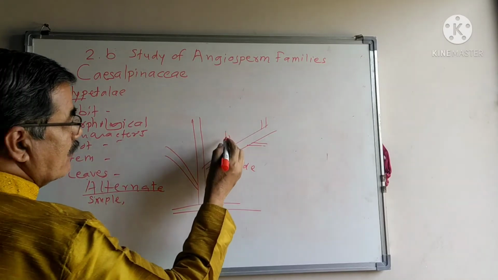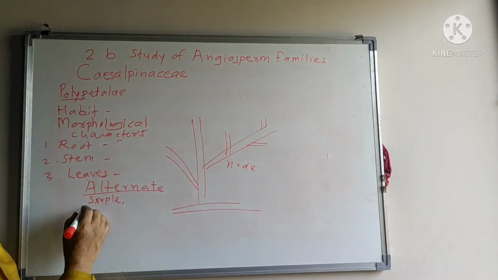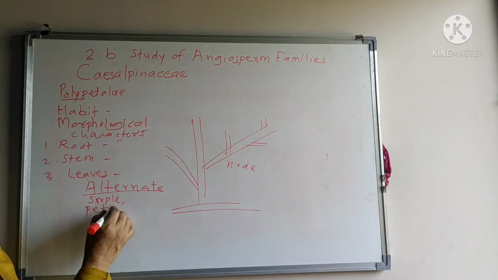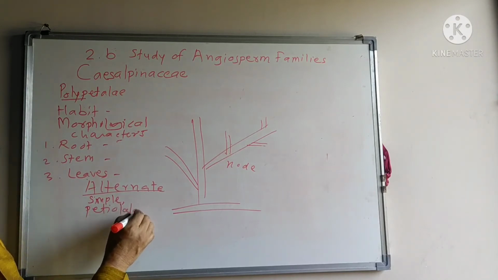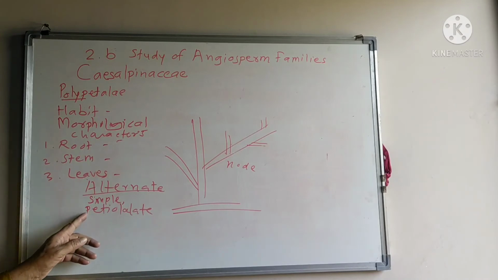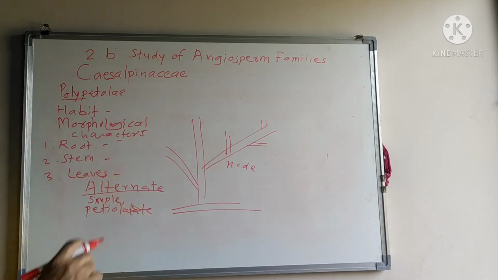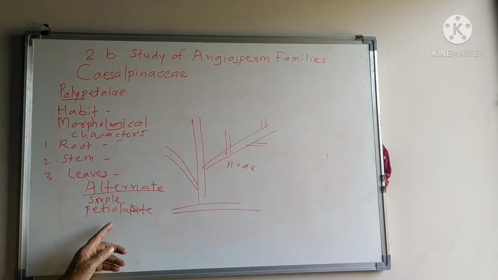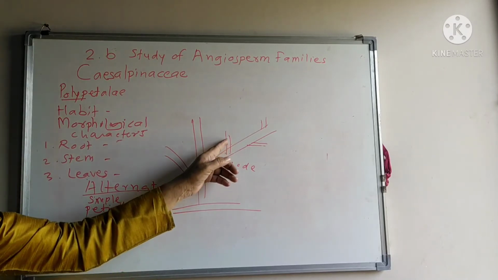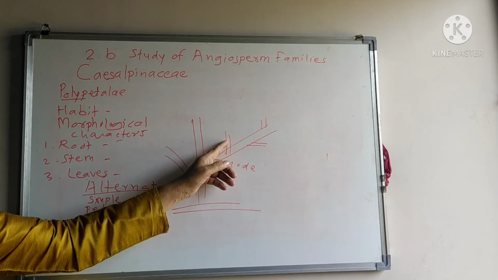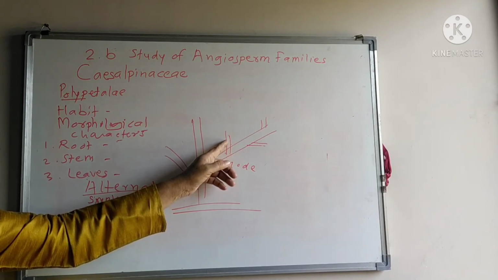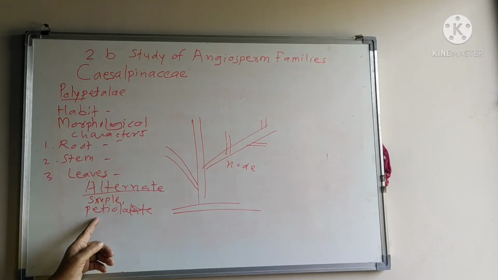Each and every leaf has a petiole. When the petiole is present, it is known as petiolate. It means the leaf has a stalk, known as the petiole, and when the petiole is present, these leaves are known as petiolate.